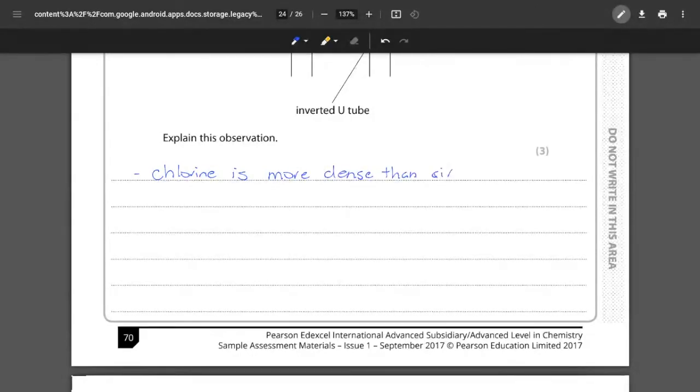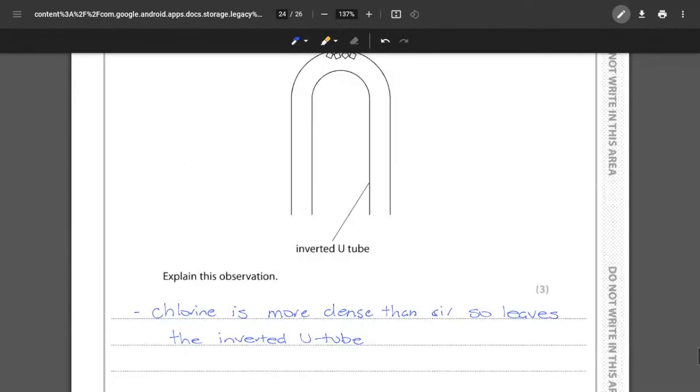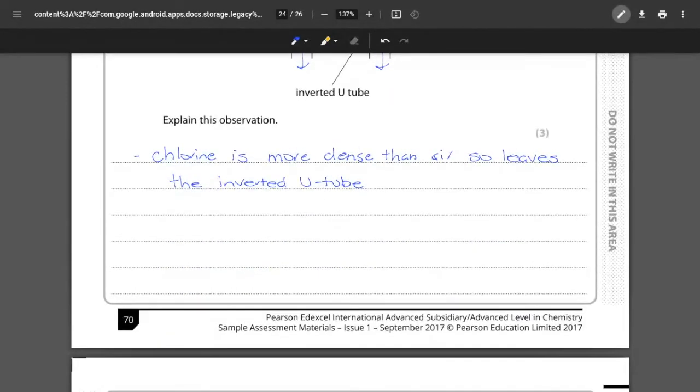So when we invert this U-tube, the chlorine is going to leave the U-tube because it is going to fall below the air and then fall out the bottom of the U-tube. So when we have less chlorine and the chlorine gas is leaving, it causes the concentration of the Cl2 to decrease.